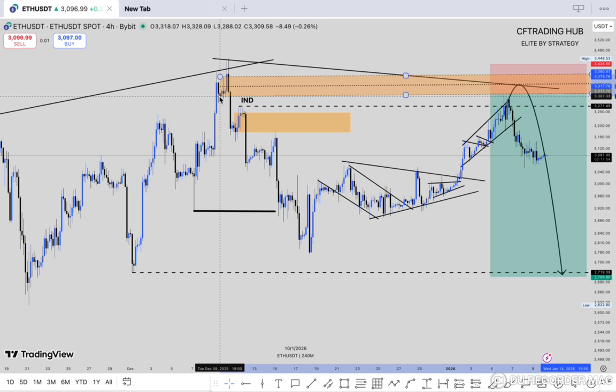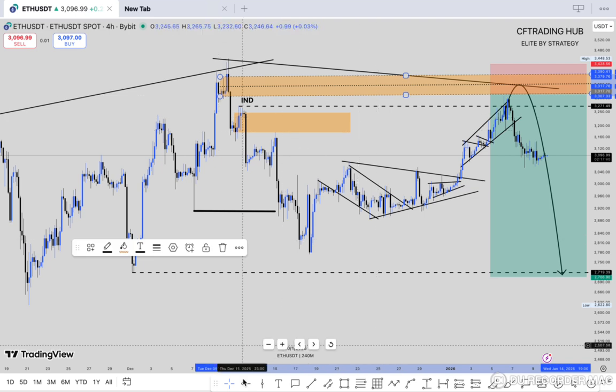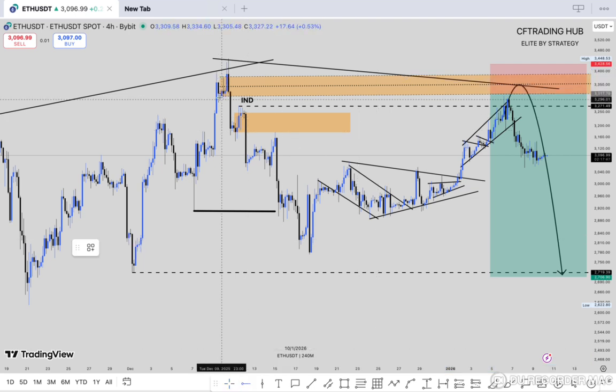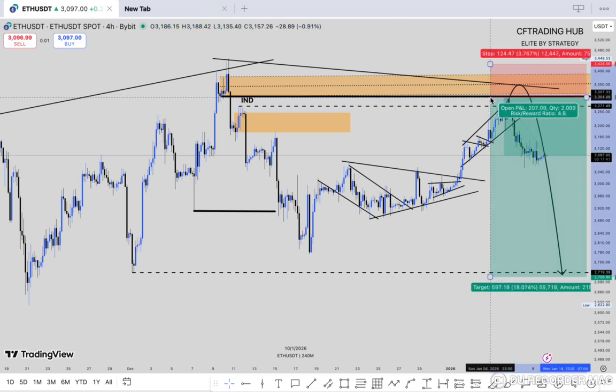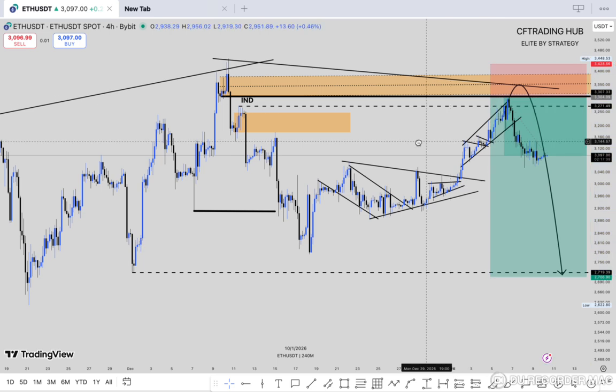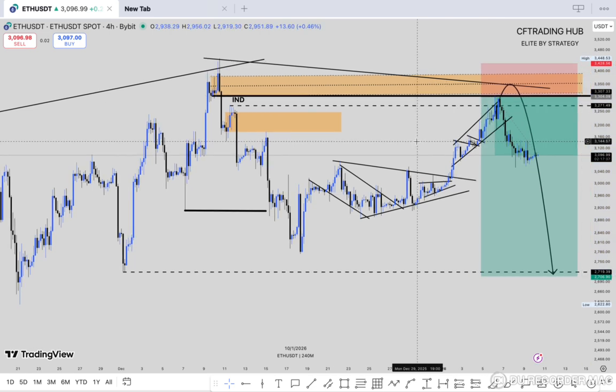I shared this particular setup in the community too. Let me say my entry was a bit too far. So the setup was valid and it is running already, just like you can see over here. That is a very valid example, running live. Price tagged into the inducement, cleared it and tagged into the block above it. After tagging, sniper entry, and it started selling off. It will continue selling off next week again.